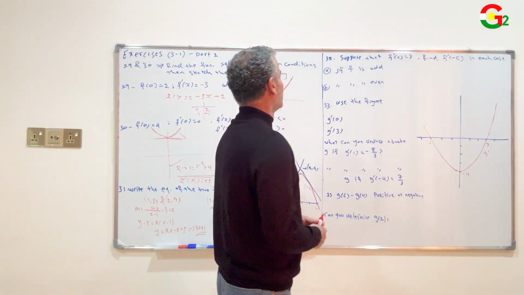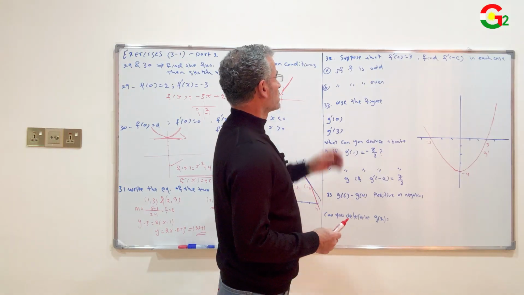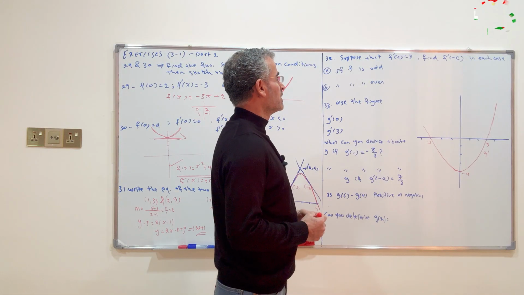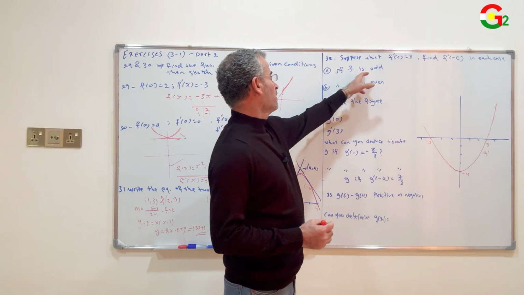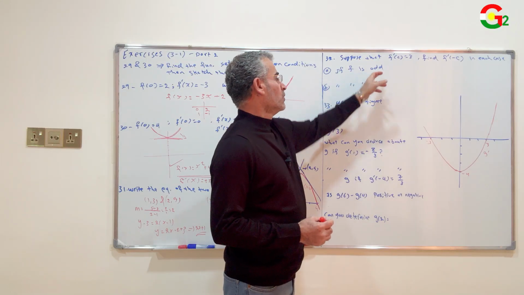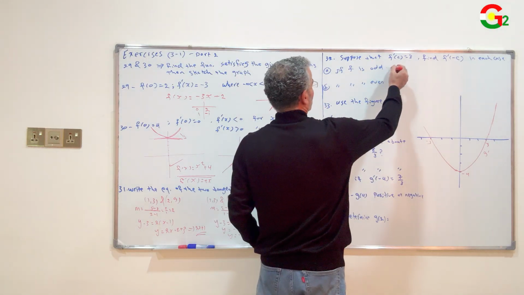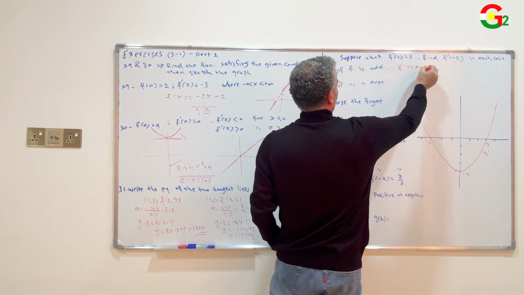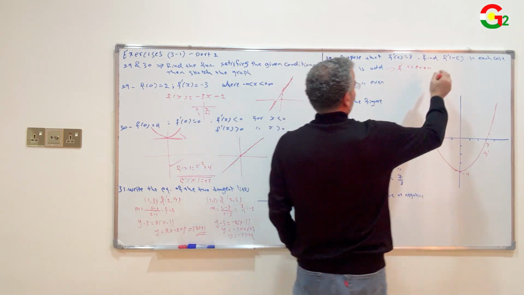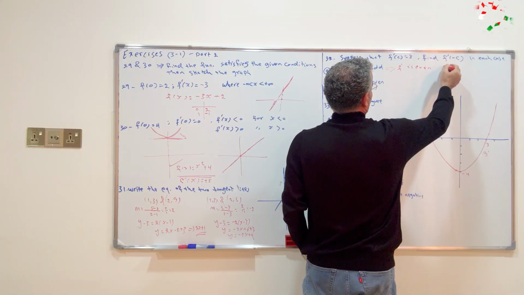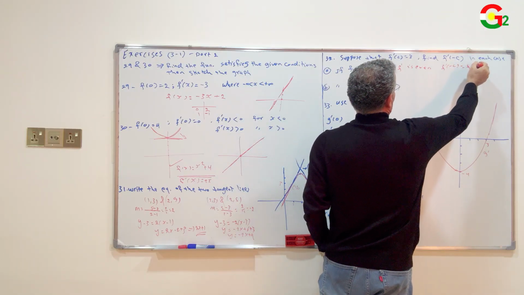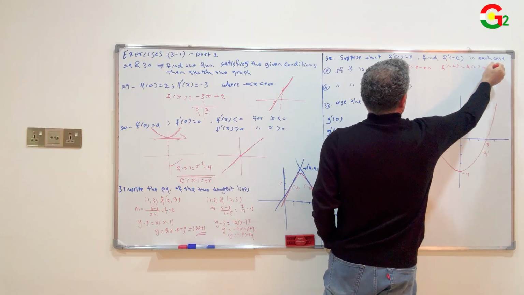Question number 32. Suppose that f prime of c equals 3. Find f prime of negative c in each case. If f is odd, then f prime is even, and f prime of negative c equals f prime of c, which equals 3.